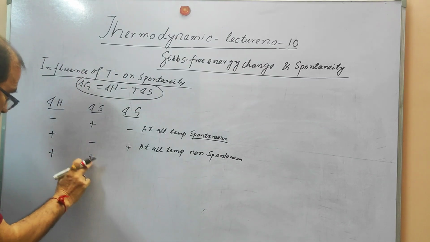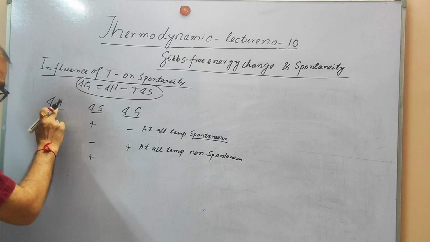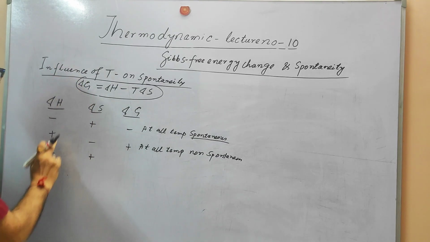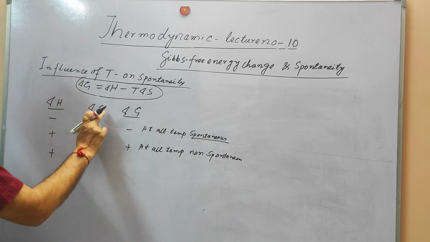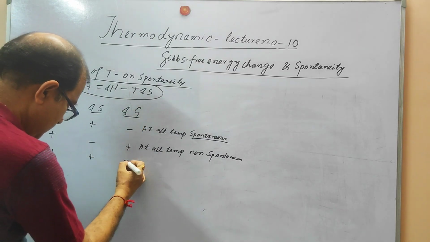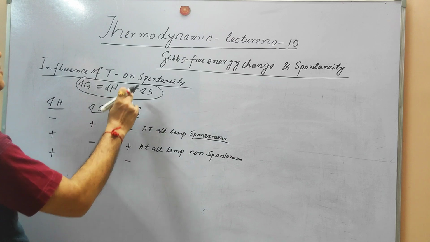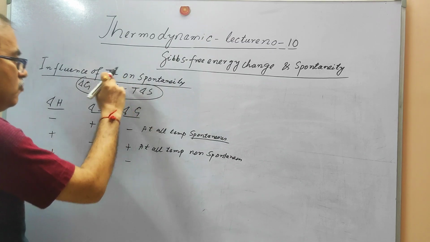When both delta H, the enthalpy change, and delta S, the entropy change, are plus, delta G will be minus when this value T is higher.